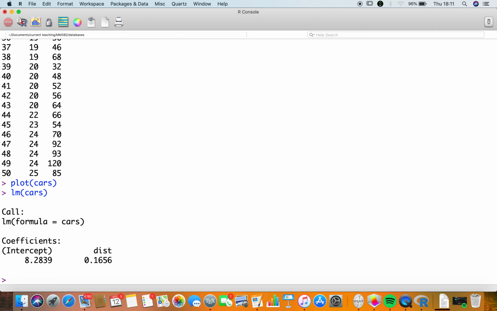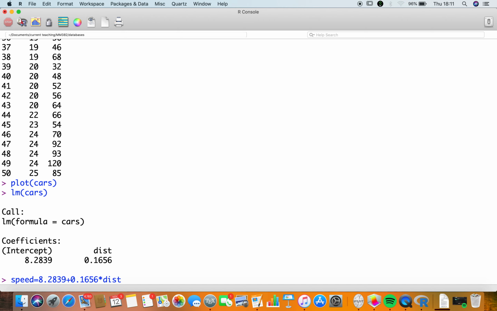So the independent variable in this case is distance, and the dependent variable is speed. So what we have here, guys, is speed equals 8.2839 plus 0.1656 star.